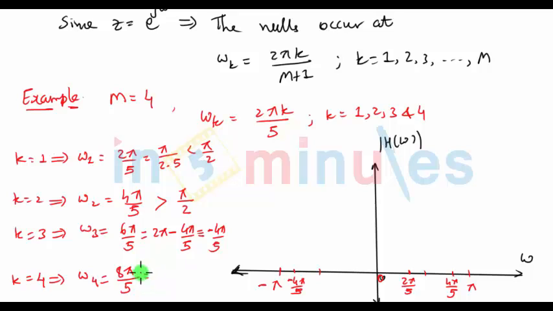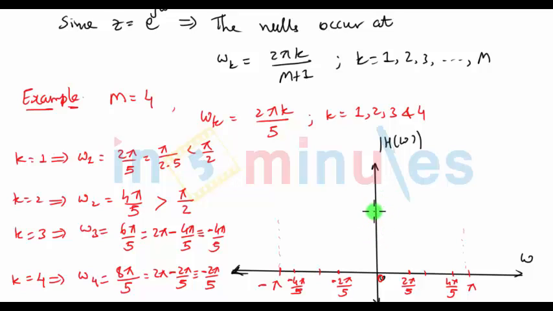And the last frequency which we have got as 8 pi by 5 can be written as 2 pi minus 2 pi by 5, and 2 pi minus 2 pi by 5 will be equivalent to minus 2 pi by 5, which will be somewhere here. So I've got all the 4 frequencies at which null will occur. So now let us quickly draw the magnitude spectrum. It will start from some non-zero value.